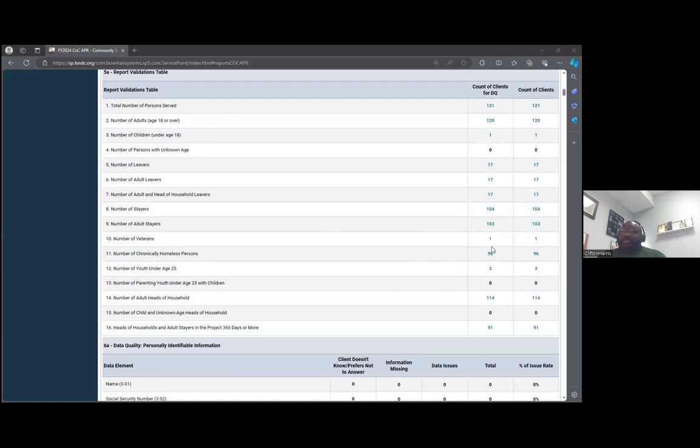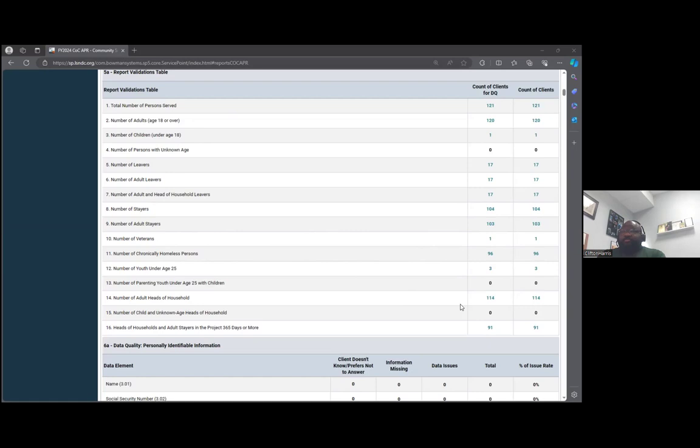It'll show you the total number of veterans that you served during the reporting period, the total number of chronically homeless on the report for the reporting period, any youth under the age of 25, any parent and youth under the age of 25, and then how many adult head of households you have. If you have any child or unknown age households, it'll show you that as well.